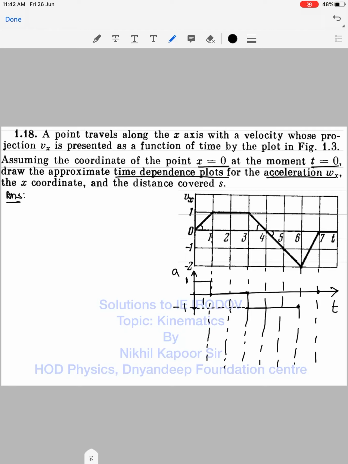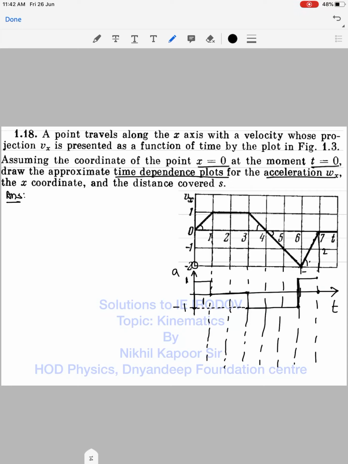Okay, and then again acceleration becomes positive because its speed is decreasing now. So the acceleration becomes positive again, and the speed decreases to 0. And this is the plot for acceleration. While during this time, what is the slope? If I take tan theta, the slope, it will be this 2, and this will be 1.